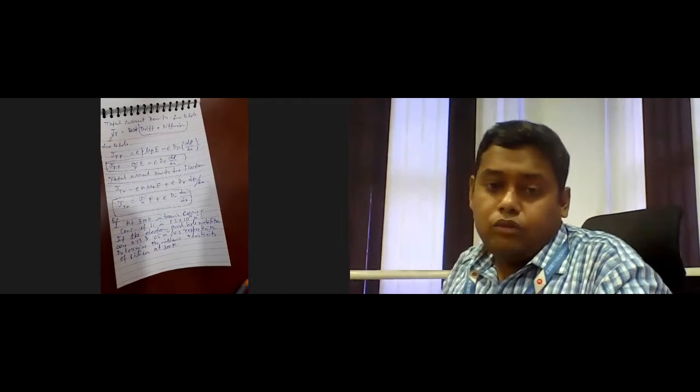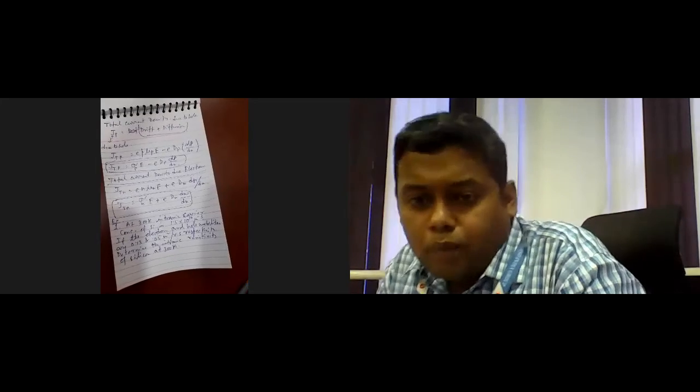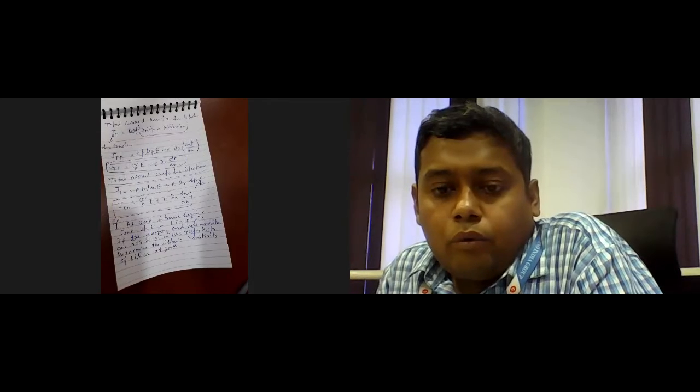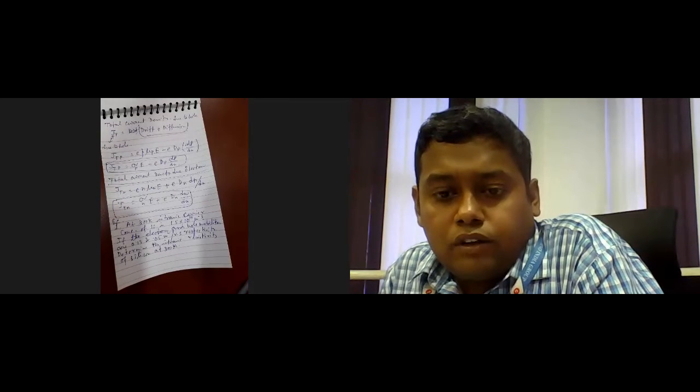So how can we find out which formula is suitable to solve the problem? Which formula is basically suitable for this one?